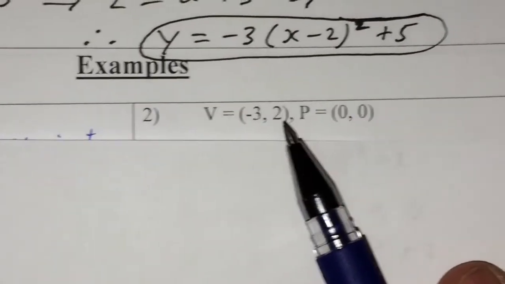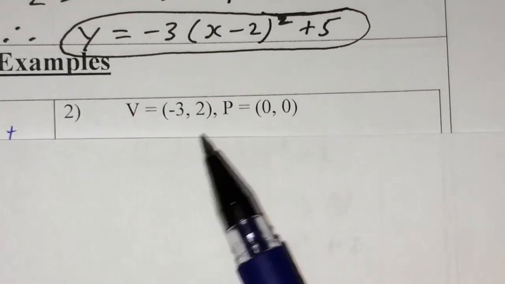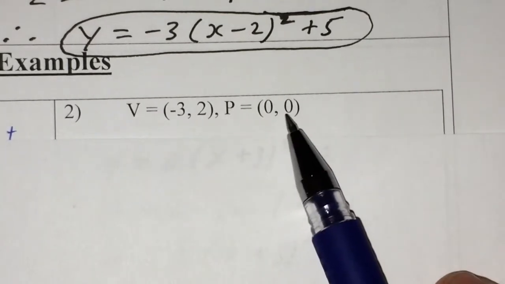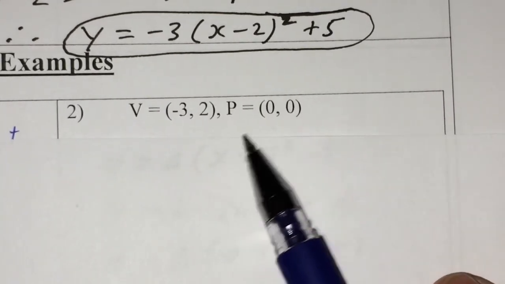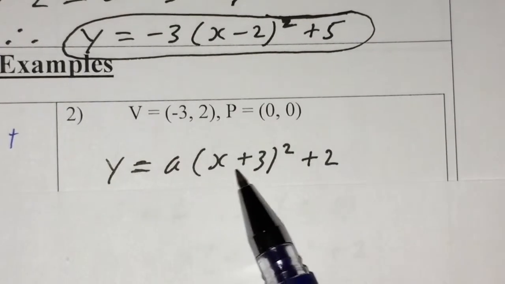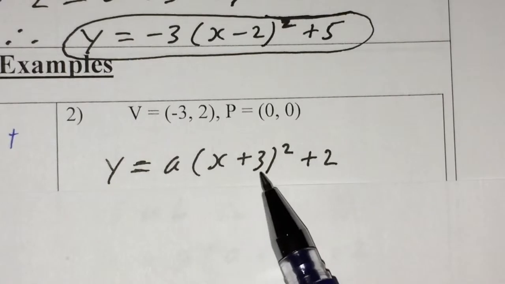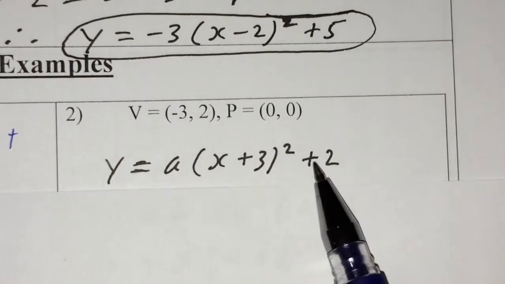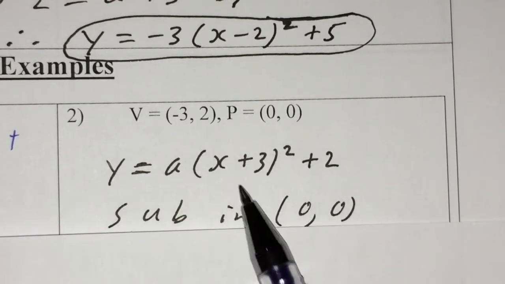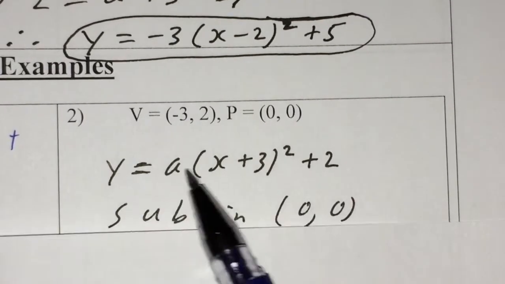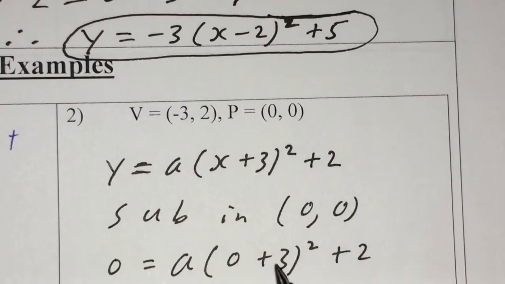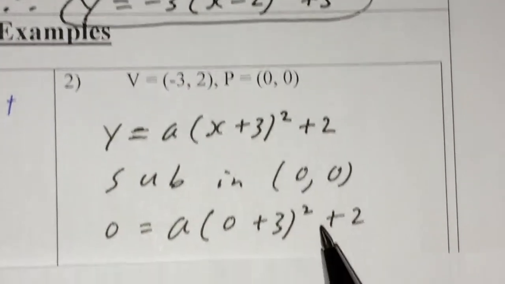Next, another example. The vertex is (-3, 2), so there's h and k, and the point (0, 0). That's an easier one to sub in. So y equals a times (x plus 3) squared plus 2, remember to change the sign there. Sub in the point (0, 0), so 0 for x, 0 for y, and you get 0 equals a times 3 squared plus 2.